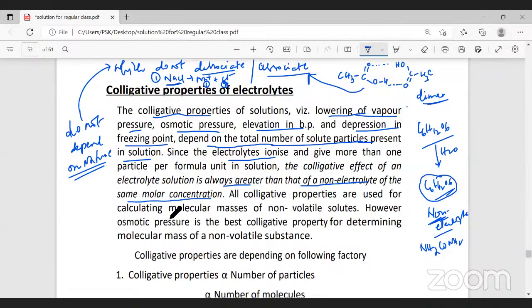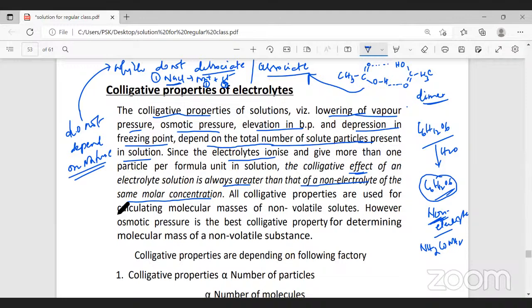So for a solution which undergoes dissociation, the colligative effect is always greater than that of a non-electrolyte of the same molar concentration. If you take 1 molar NaCl and 1 molar glucose, the colligative effect will be more for NaCl because it gives double the particles, but glucose does not dissociate. That is what it means.